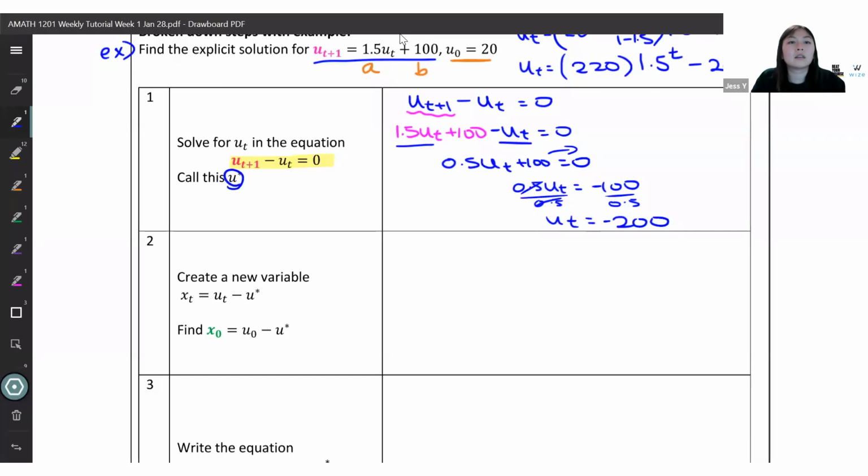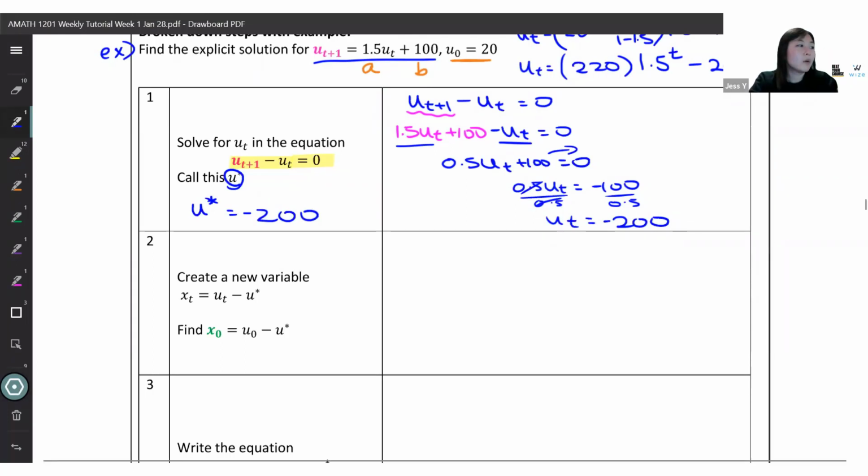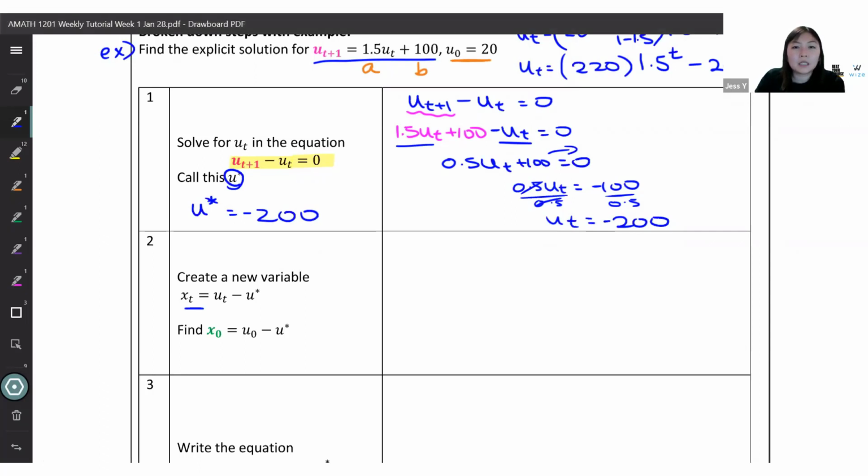Most profs and most TAs are going to call that u star or p star, y star, whatever variable they use. I'm going to keep that in my box, keep it handy for later. And then we want to create a new variable, this x sub t. Specifically, x sub t is going to be u sub t minus this u star.